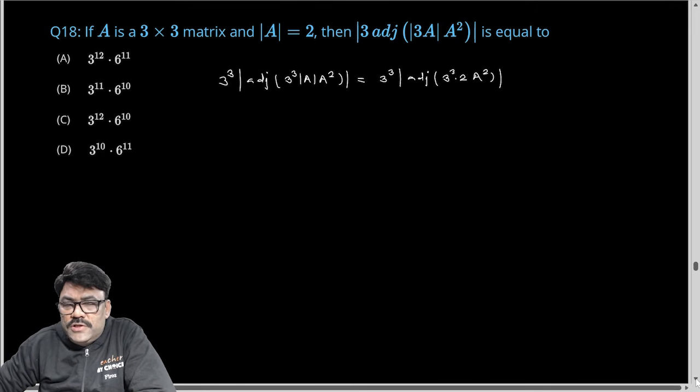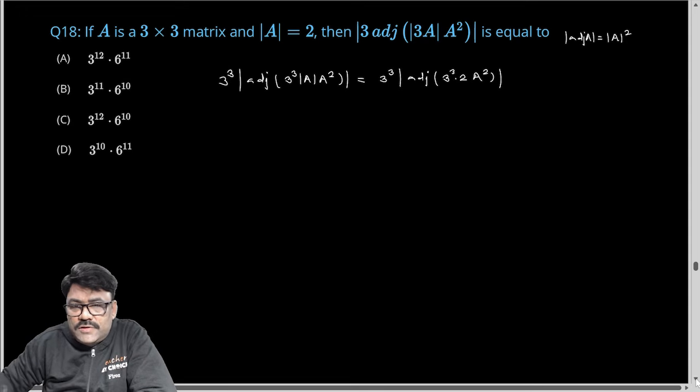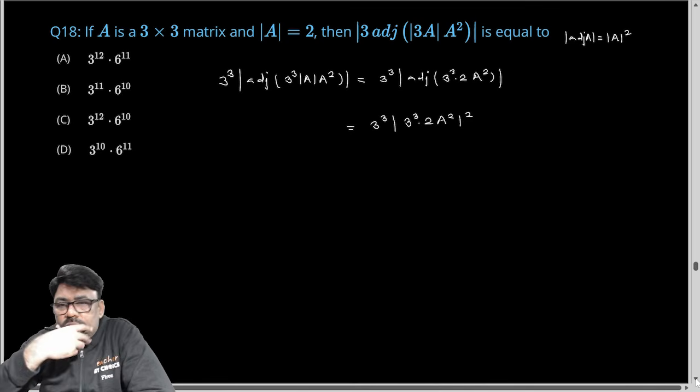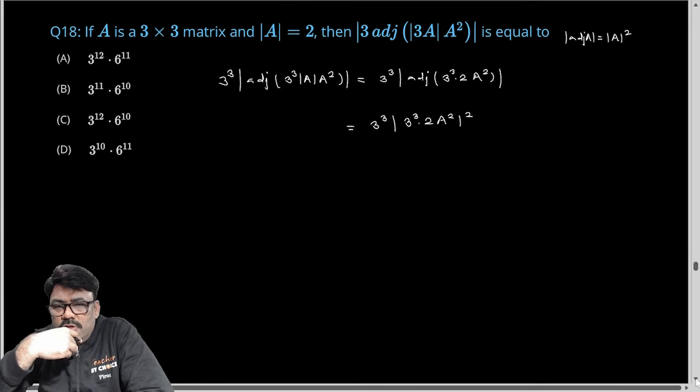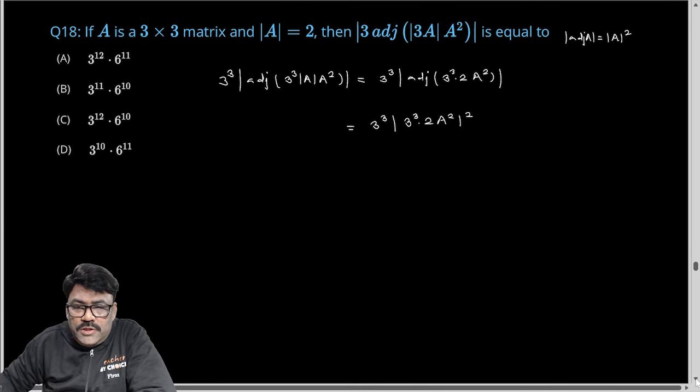Now you know that the determinant of adjoint A is determinant of A whole square if A is a 3 by 3 matrix. So it will be 3 cube determinant of 3 cube into 2 A square whole square. Now I can write it as 3 cube.